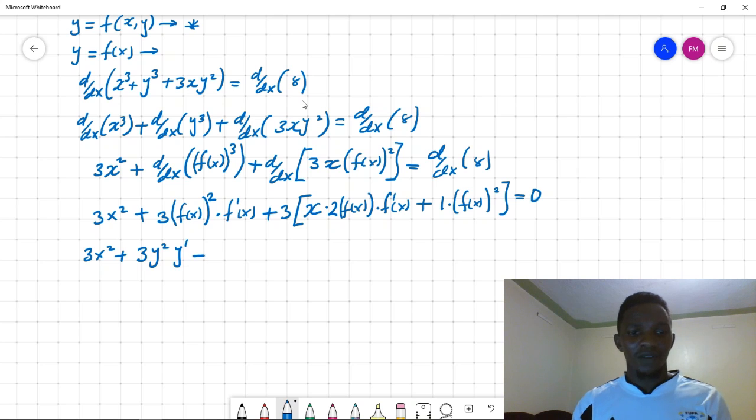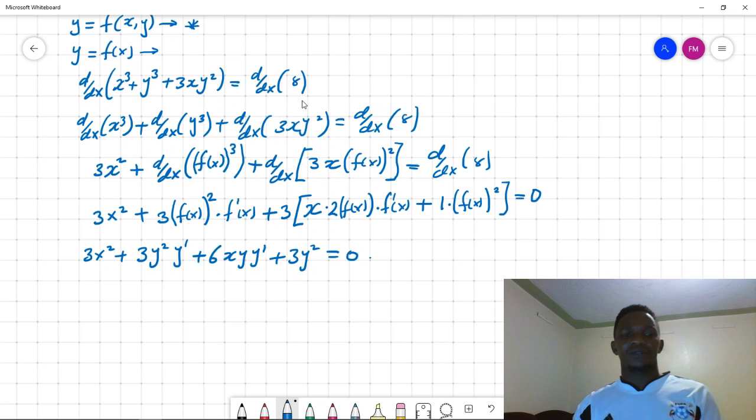Okay, plus here this is 3 times 2, which is 6x, then f of x is y, so it is going to be xy. Then we have f prime of x, which can be written as y prime. Then plus 3 times 1, this is going to be equal to 3. Then we have f of x squared, which is going to be equal to y squared, which is equal to 0.